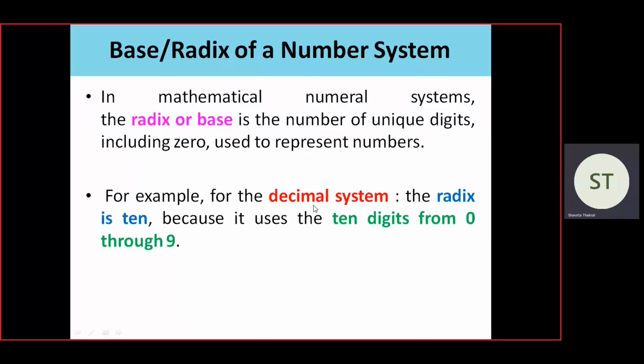For example, in the decimal number system, the radix or base is 10, because the unique digits are the 10 digits from 0 to 9. Any big number in the decimal number system can be represented with a combination of these unique digits in the range 0 to 9. So we can say the base or radix of the decimal number system is 10.